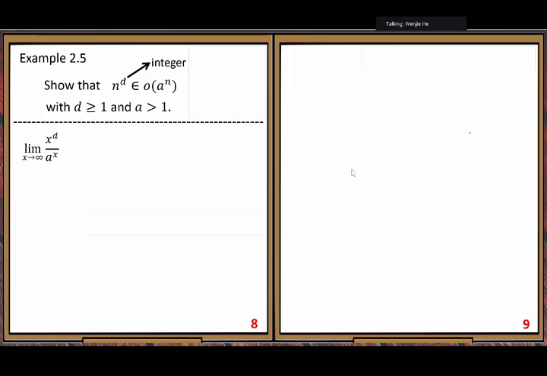L'Hopital's rule. So we consider continuous version of the ratio of two functions, x variable, continuous variable, d. But this time d is integer. All right. Then it's infinity over infinity indeterminate form. So let's take derivative, numerator, denominator. So we apply the formula. The power rule formula.